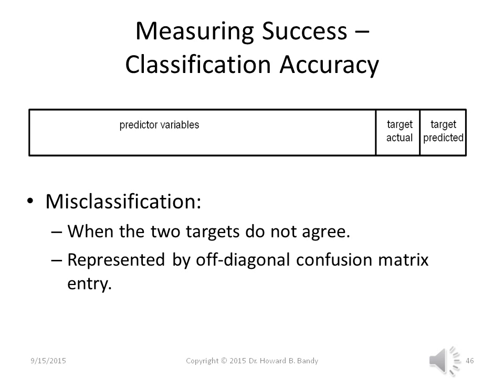For a given data point, we have a series of predictor values. We apply the model. We know what the actual target is, and we compute what the predicted target is. We want those two to agree. When the 2 targets do not agree, we have a misclassification, and that's represented by off-diagonal confusion matrix entries.